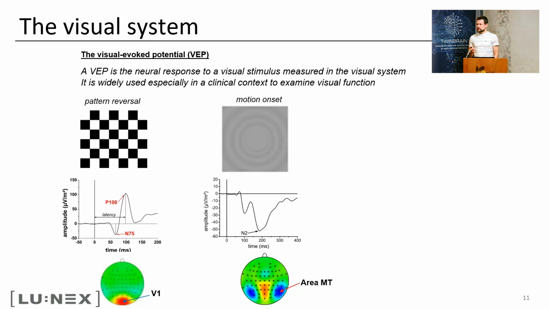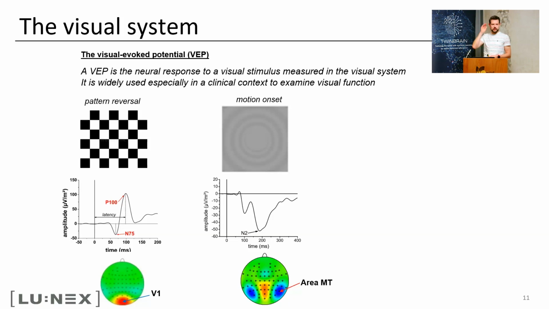That was also the confusion that we had for a long time in the field of sport and exercise science, because I said that the visual system is maybe the best investigated sensory system that we have. However, in sport and exercise science, for a very long time there was not that much research. And if there was, it was typically a pattern reversal stimulus, because this is a classic stimulus that you also use in clinical practice.